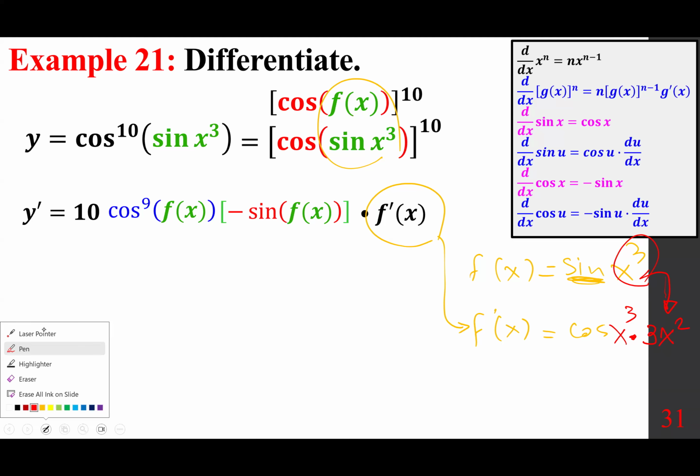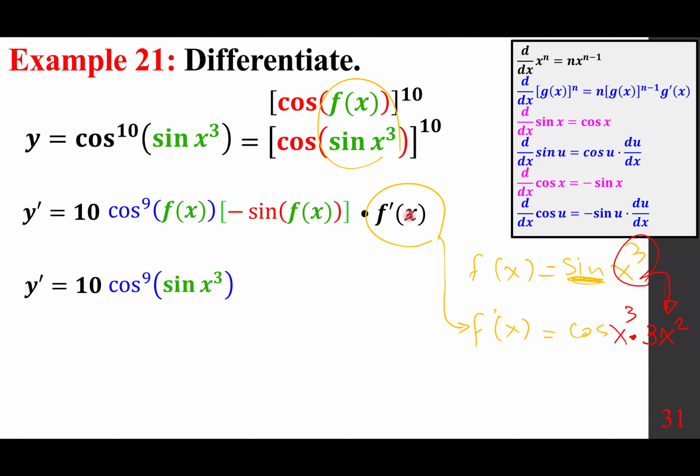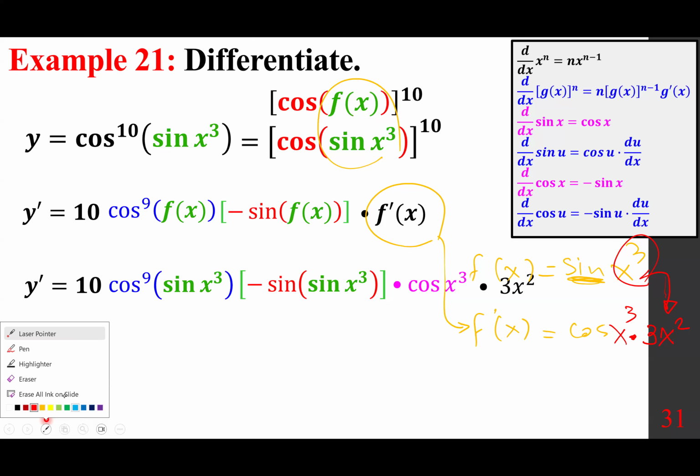So for this part, we have 10 cosine to the power of 9 sine x cubed, minus sine of sine x cubed. For f prime, we are going to write cosine of x cubed times 3x squared. Let me erase my work.